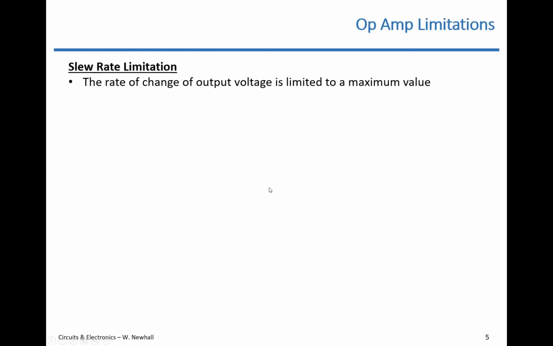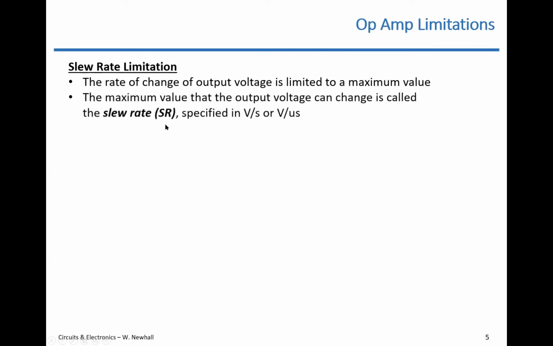In other words, the slope of the output voltage, how fast it can change over time, is limited to a maximum value. How can I go from 1 volt to 5 volts in 1 microsecond, in 1 nanosecond, in 1 picosecond? How fast can I change the output? The slew rate is the name of the limitation that tells me how fast I can change the output voltage.